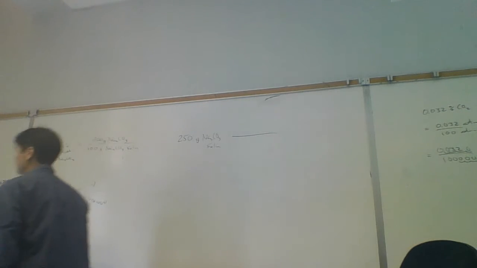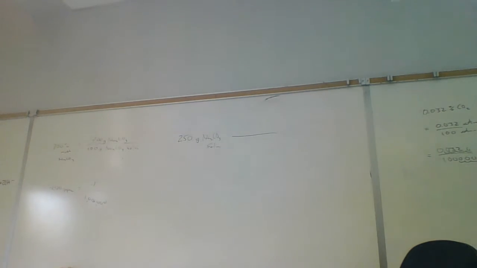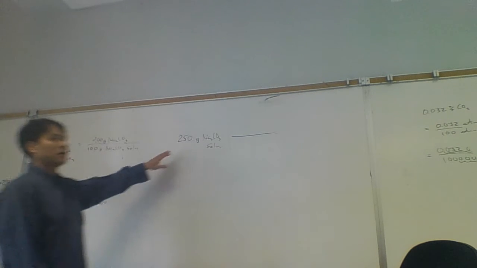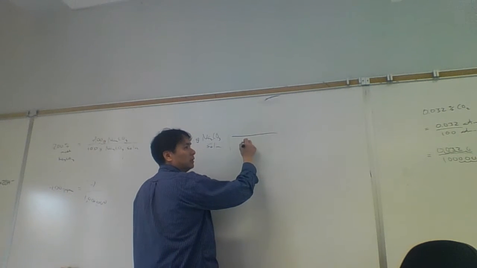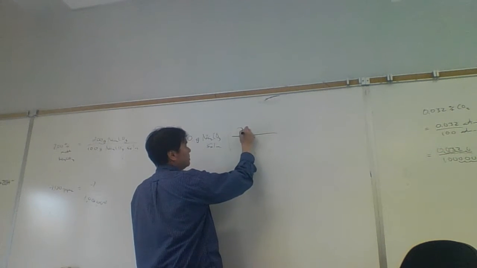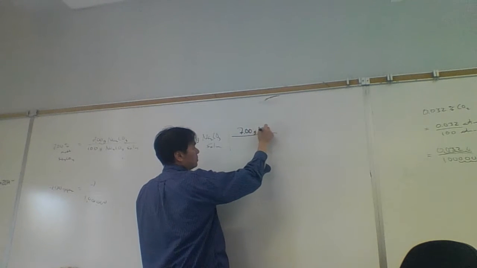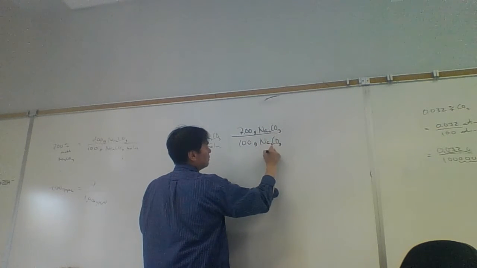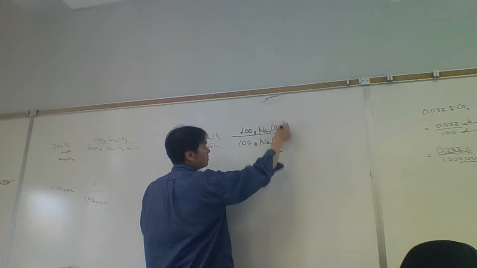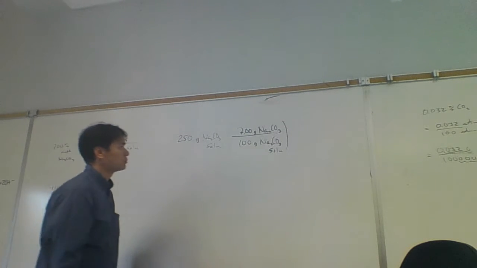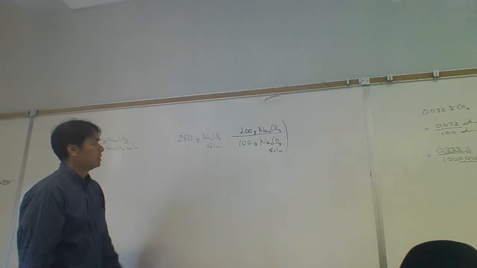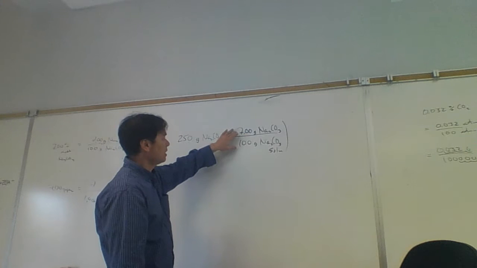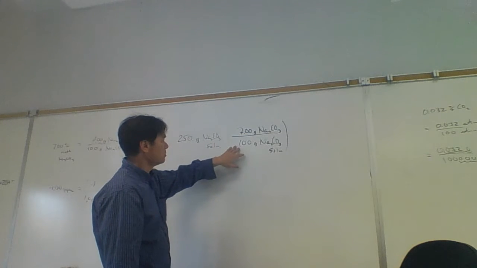Let's go ahead and do that. The 250 grams of sodium carbonate solution, and we have 7.00 grams of pure sodium carbonate for every 100 grams of sodium carbonate solution or mixture. And sodium carbonate solution consists of pure sodium carbonate mixed with water. So this would be, again, 7 grams of sodium carbonate, 93 grams of water.